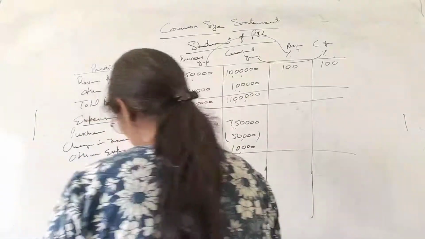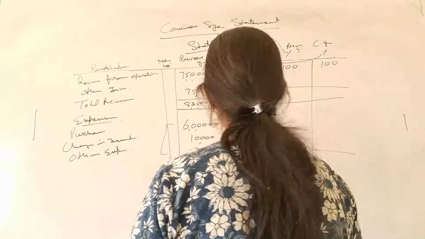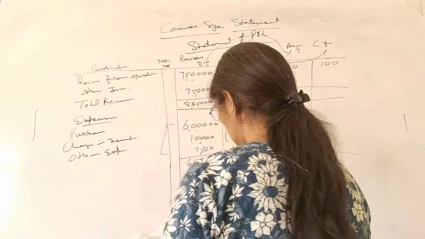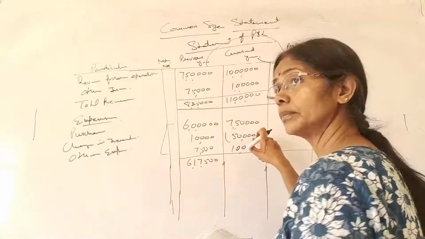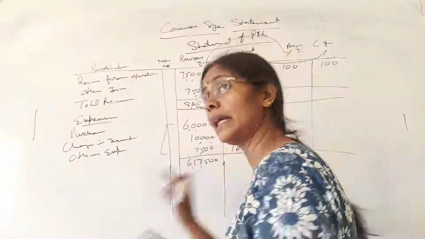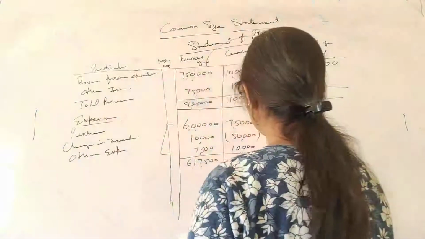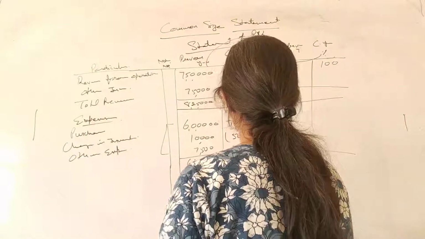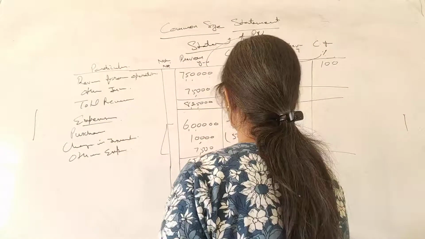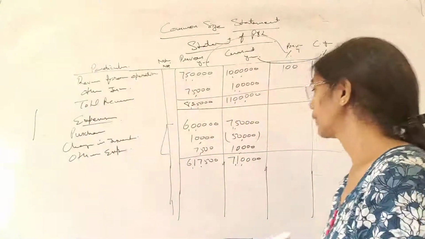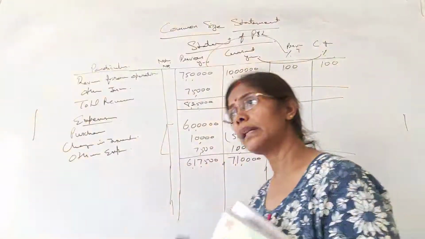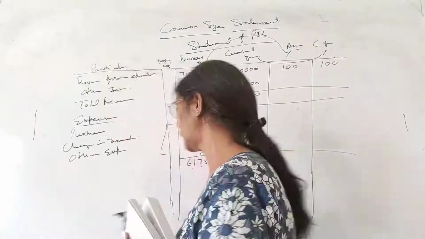This is 6,17,500, and here, just remember students, here we have to reduce this one. Dhyan rakhenge, this is in bracket, that means this is of minus, and we will be reducing that. So this is your 7,10,000. So what is the next step? We will draw the line.